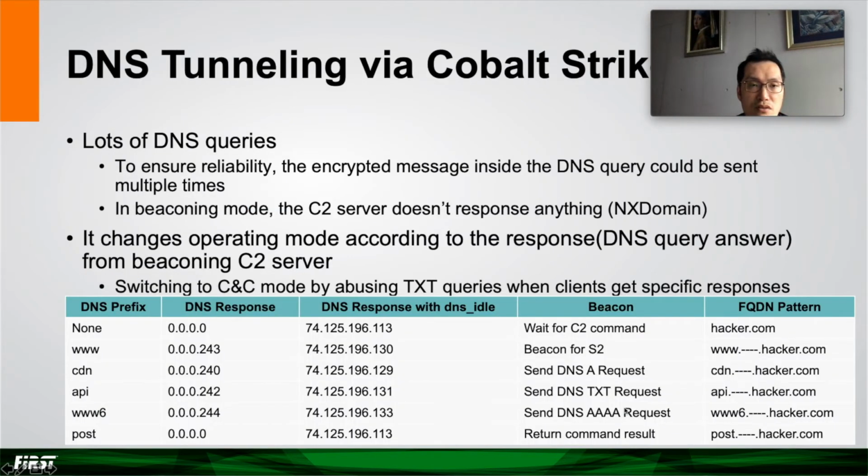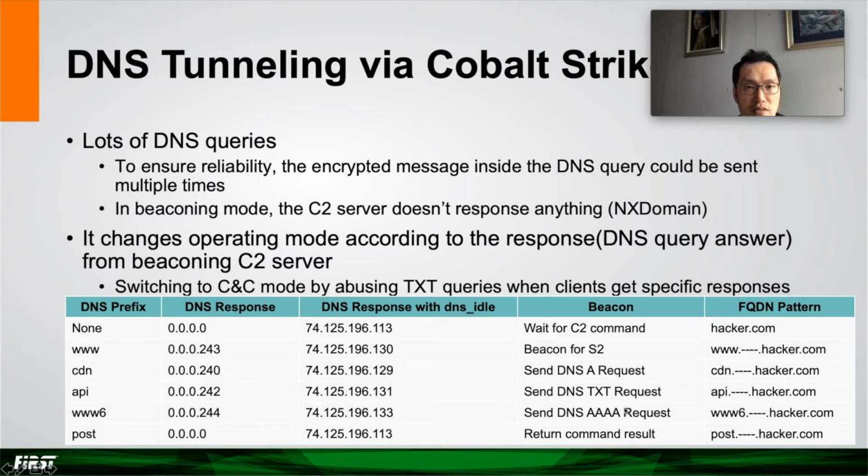Okay, so take the DNS behavior of Cobalt Strike as the example. Cobalt Strike is the most common hacking tool in recent years to understand the character of the DNS tunnel behavior. When the Cobalt Strike tool works, first, it will generate a large number of DNS queries to ensure reliability.